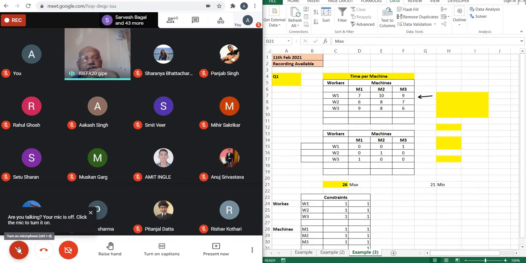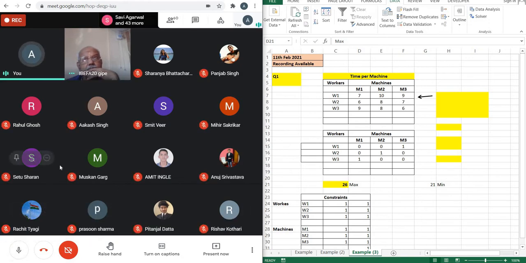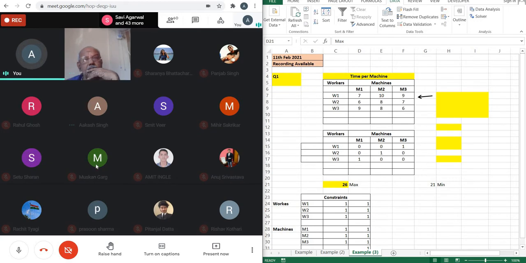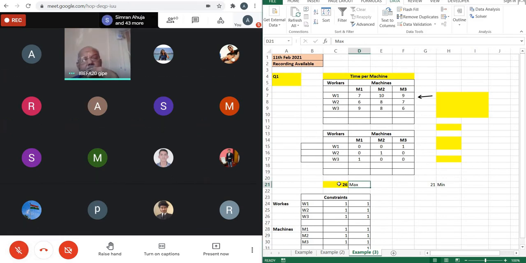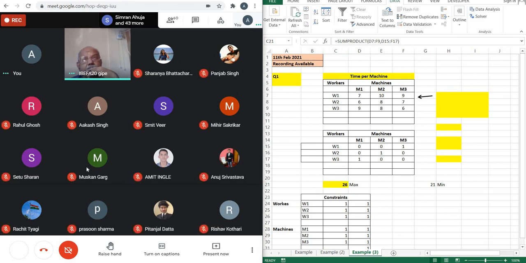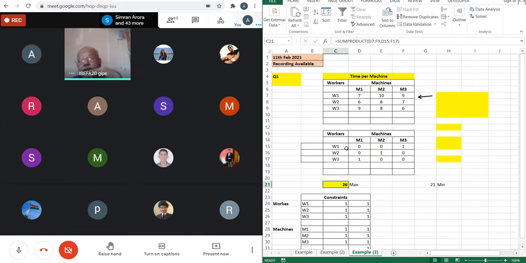So for 21, worker will be on which machine? Sir, 1 will go to 3, 2 to 2, and 3 to 1. And for maximum? Sorry, sir, I told you for the maximum. What is for minimum?